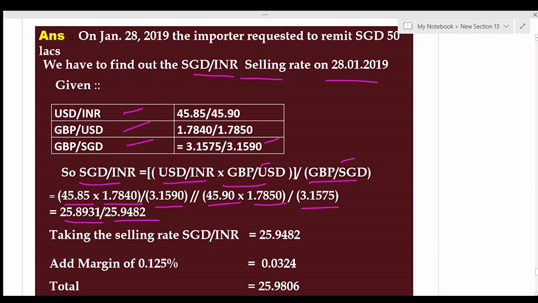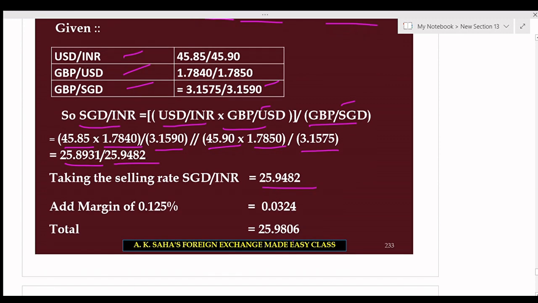Taking the selling rate 25.9482, because it is an import, who will pay the SGD 50 lakhs. Add margin 0.125%, that is 0.0324. Total is 25.9806. This is the selling rate of SGD INR.